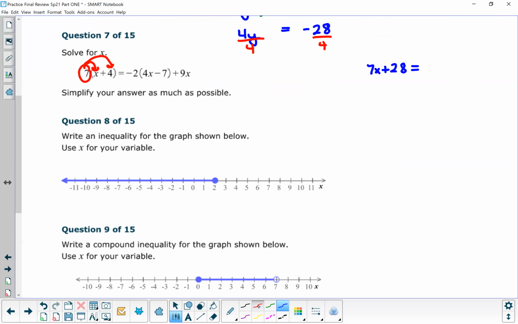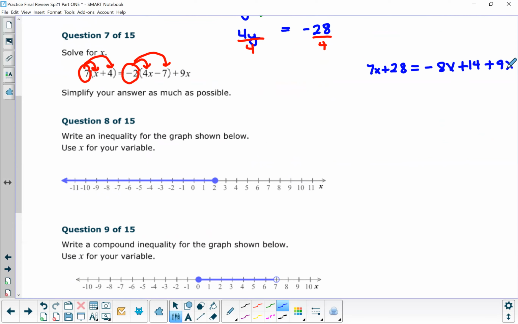All right, on the right side, we're distributing the -2 across the 4x and the -7. So that's going to give us -8x plus 14. And then just write the plus 9x.